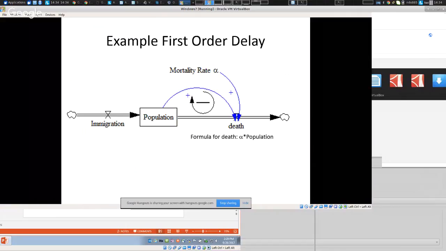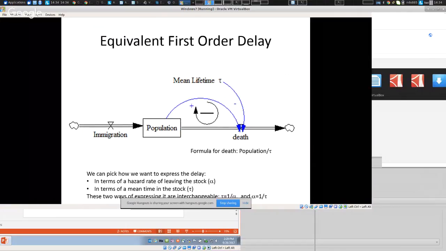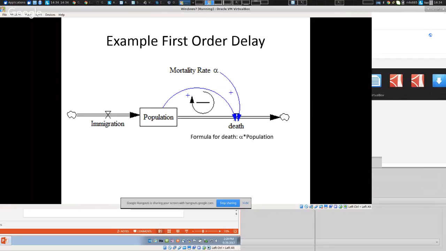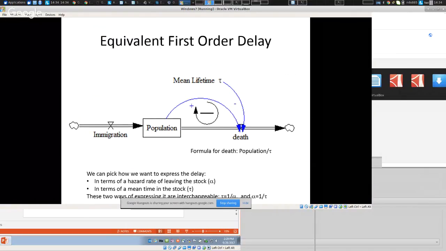This is a system which is linear in terms of the stock, and we can phrase it in one of two ways. One way we can phrase it is in terms of a mortality rate, a hazard rate of proceeding. The other way we could phrase it is in terms of a mean time in that stock. They're interchangeable ways.